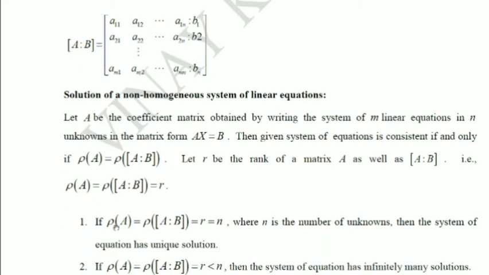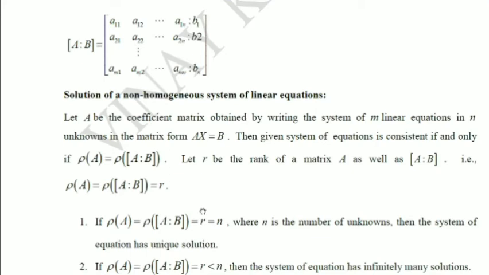If the rank of the matrix A and the rank of the augmented matrix are the same, say R, which is the same as the number of unknowns, then the system has a unique solution. That means there will be only one common value for the unknowns x1, x2, up to xn.